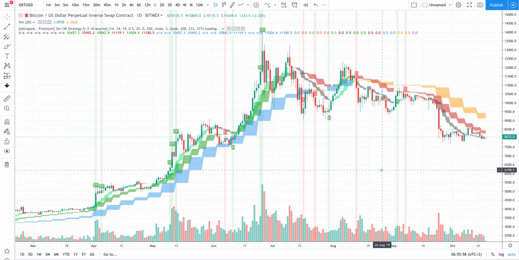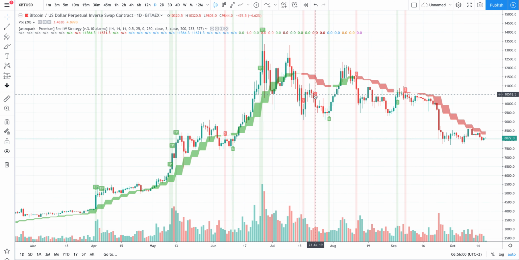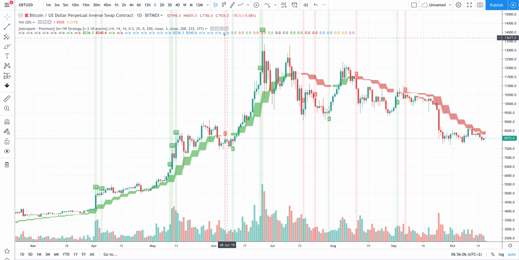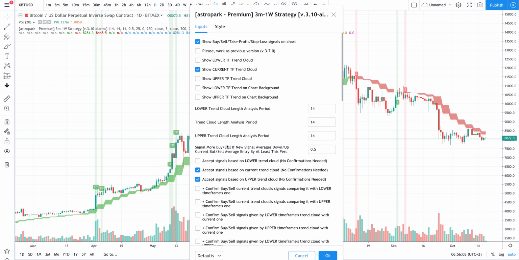And by the way, you are seeing, for example, two S signals one after the other because we are accepting both signals from the current trend cloud and the upper trend cloud. Basically, let's remove the upper trend one.